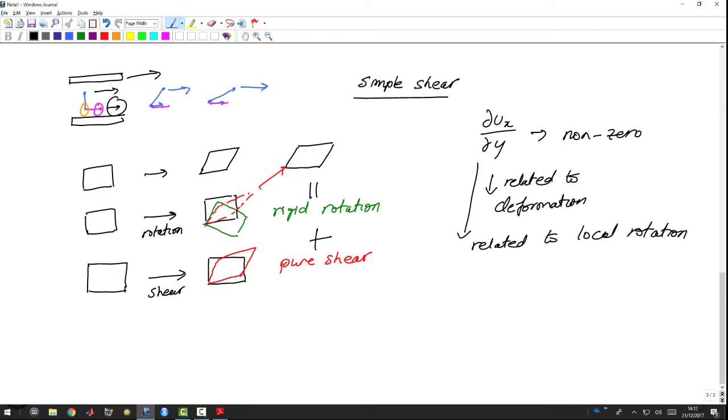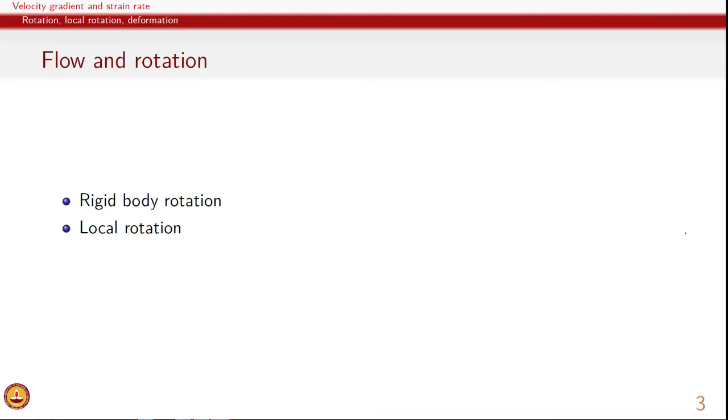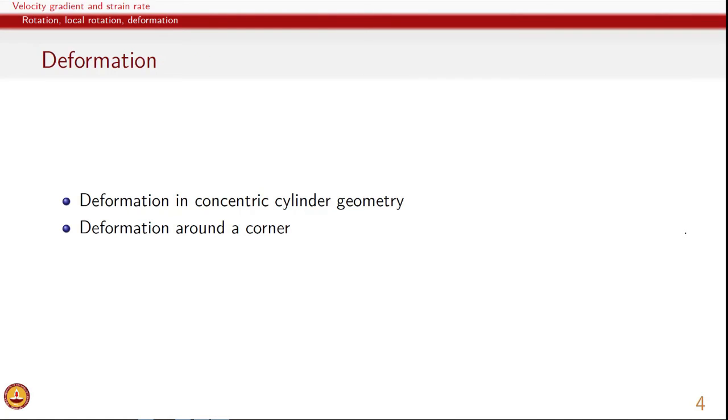So in general, the velocity gradient and its different components include information about deformation in the material, and for the course on rheology, we would be interested in finding out the deformation and not local rotation.